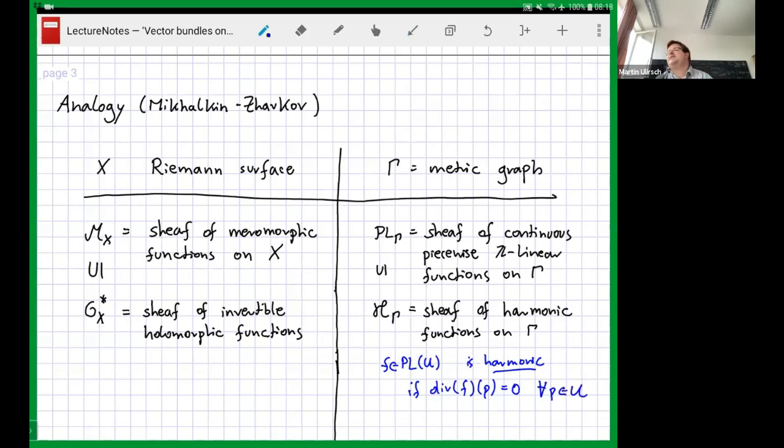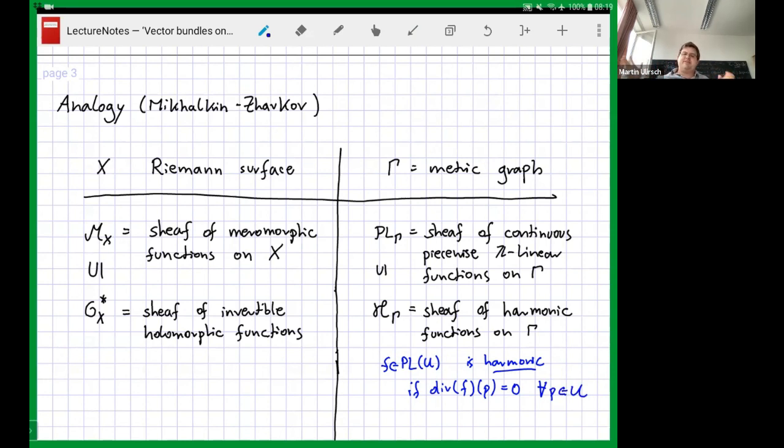Meaning, in other words, that the outgoing slopes at each of the points, if you sum them up, are equal to 0. So this in particular means if you're in the middle of an edge, at a point of valence 2, then you have only two outgoing slopes.